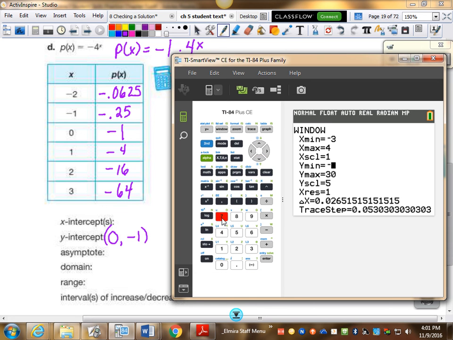So I probably want a minimum of -70. My maximum, I'm probably going to want to be +1. I know this is going to go to 0 only, but if I go one number above that, it just makes it so that I can see the x-axis. And then y scale, let's count by tens this time.